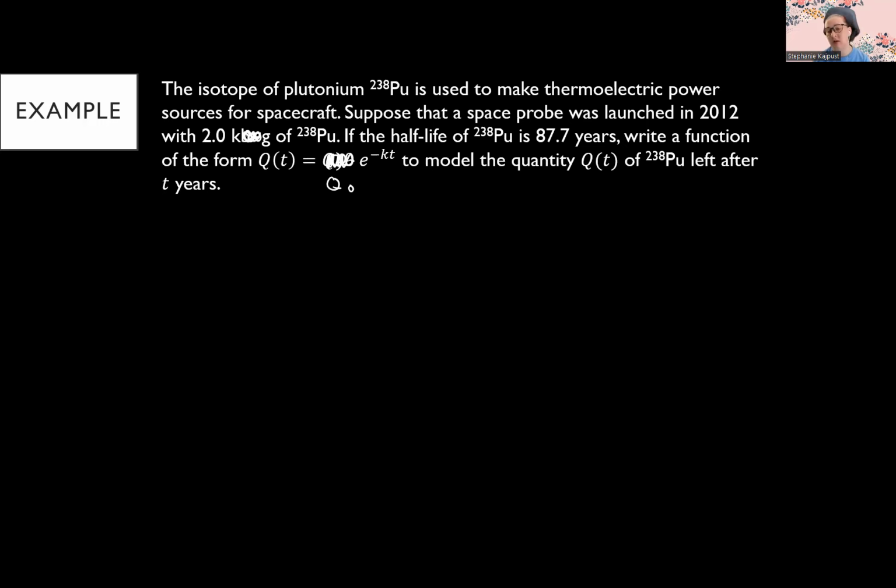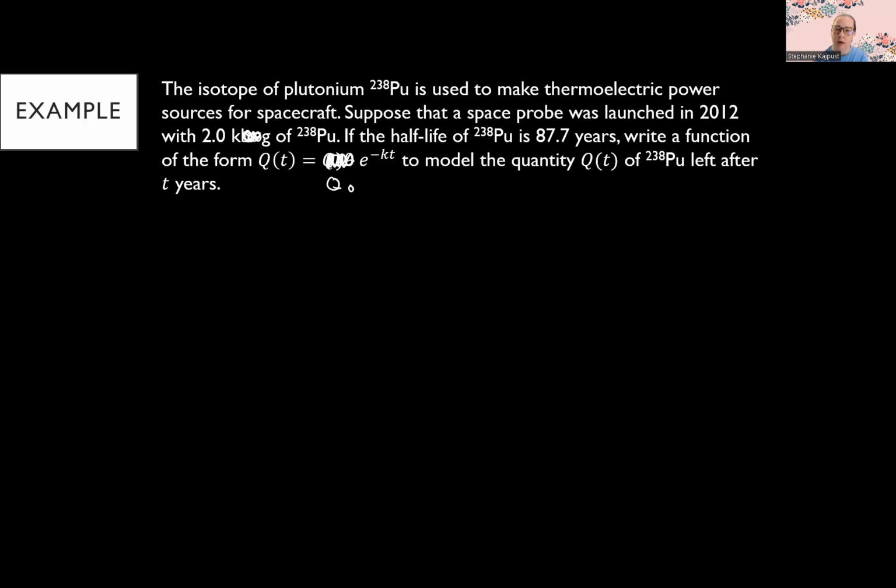The nice thing here is they're telling us what model to use. It's essentially the same model we just did with continuous, but we're using Q because Q is usually used for decay and for the word quantity. So it's just switching letters.